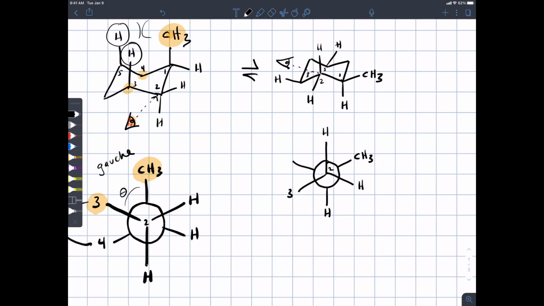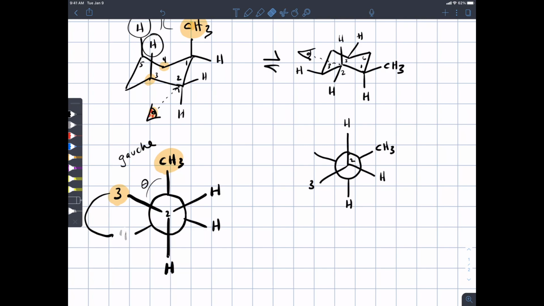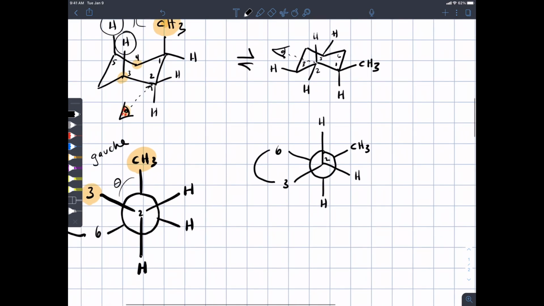And then here's atom 6 from the ring, and those two are attached to each other. Notice now where the methyl group is in relationship to the ring atom on the front carbon. Now they're anti to each other, right?